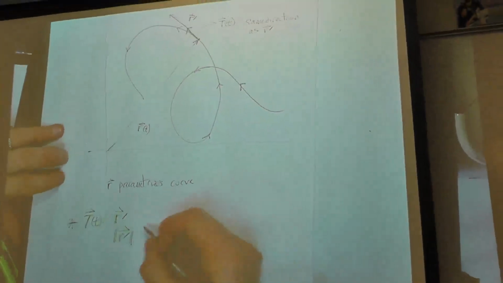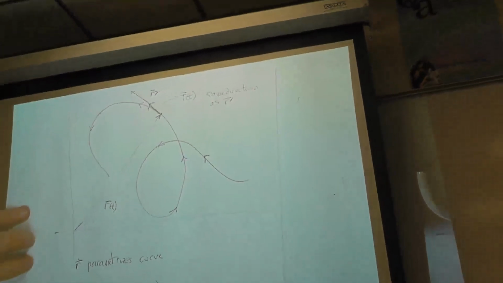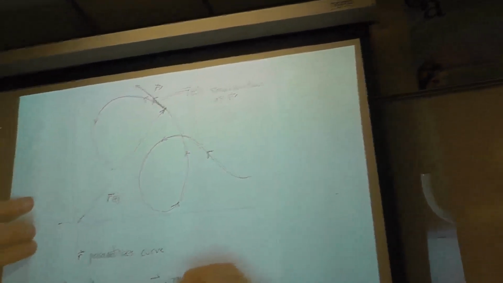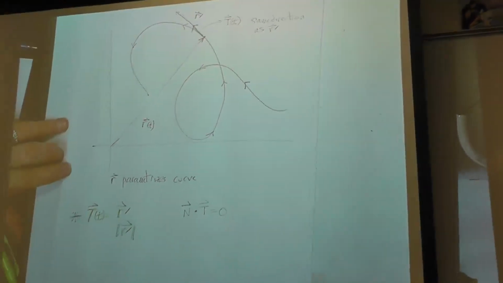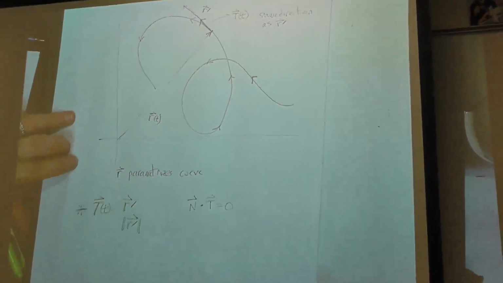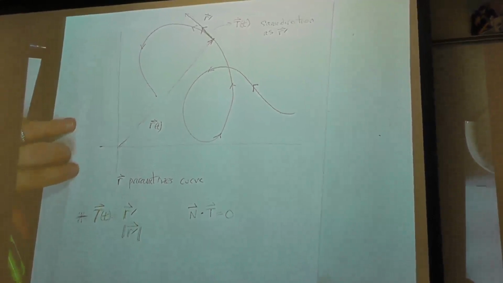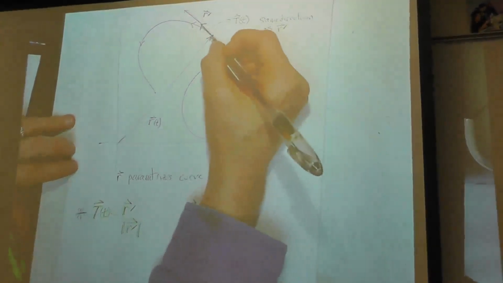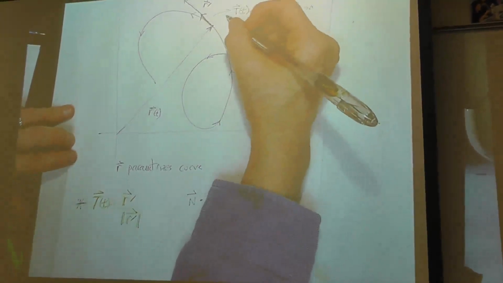Now what about N? N dotted with T is 0. Therefore, it's orthogonal. There are 2 possible orthogonal directions. One is going to go this way, one goes this way.